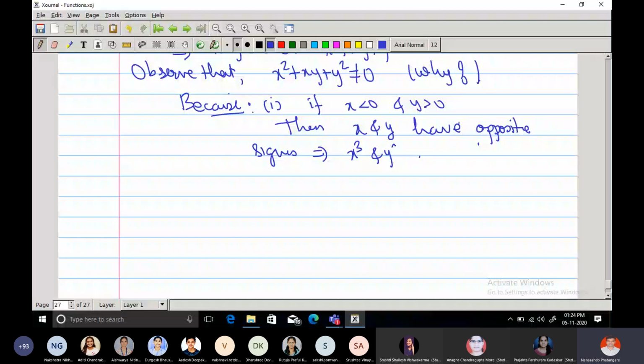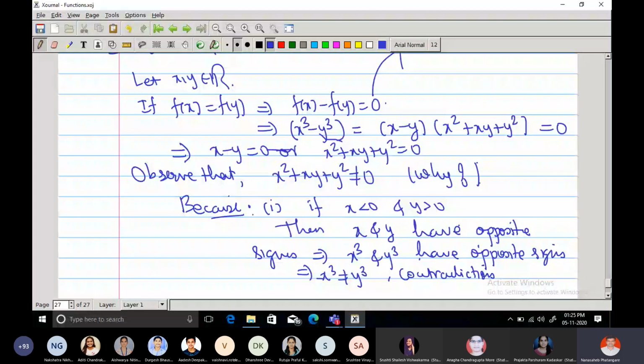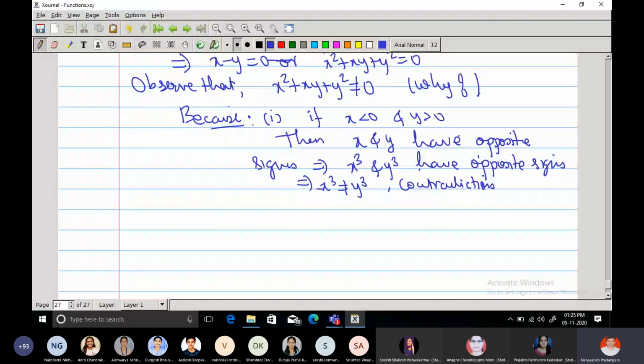Therefore x cube cannot be equal to y cube. Contradiction. Why a contradiction? Because we are assuming that x cube minus y cube is equal to 0. Suppose the images are the same, but if one number is negative and another is positive, the images cannot be the same, so this case is not valid.